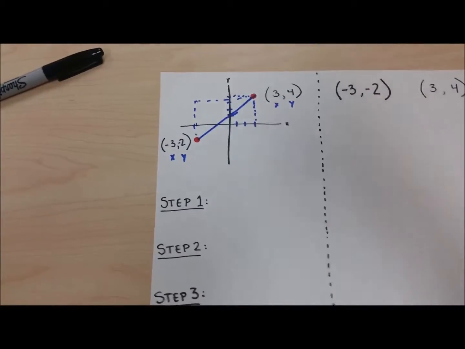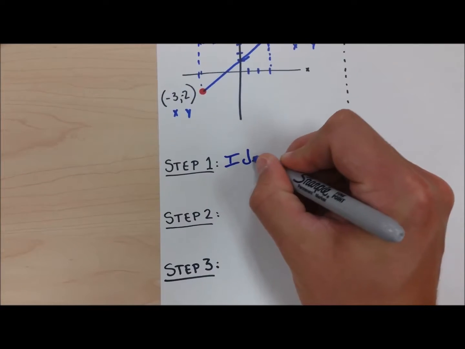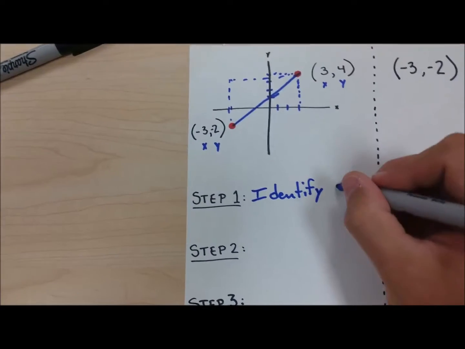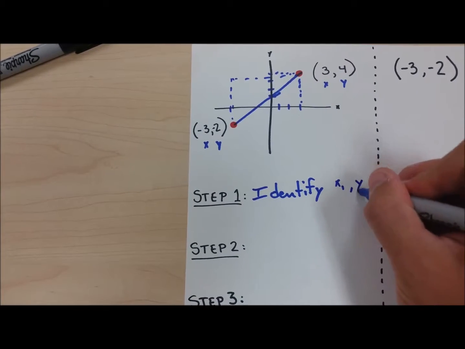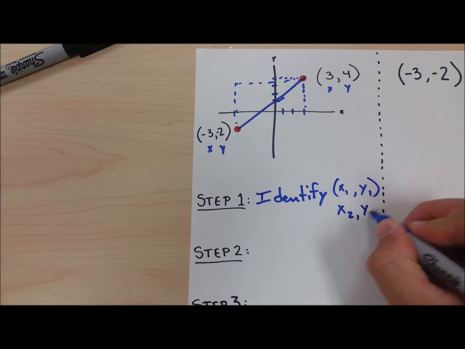All right, so we're going to list out 3 steps to approach this problem. The first step is just identify x1, y1 and x2, y2.